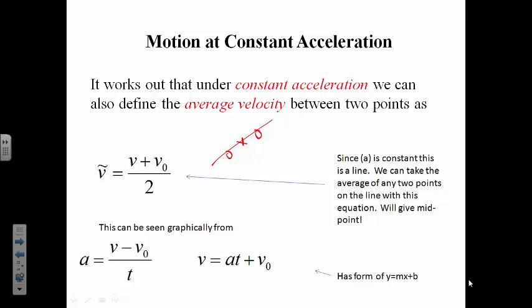We could also look at it graphically by looking at the acceleration equation, where v is equal to at plus v0, and if a is constant, you'll get a line if we plot it. If this is time and this is our velocity, then a equals the slope, and our average is the midpoint on the line, because it has the form y equals mx plus b.